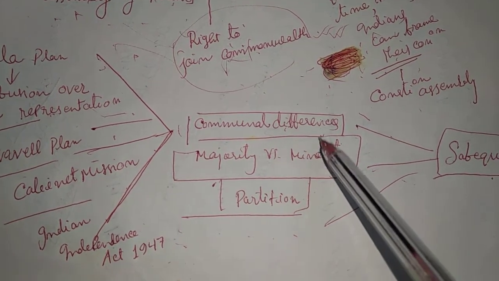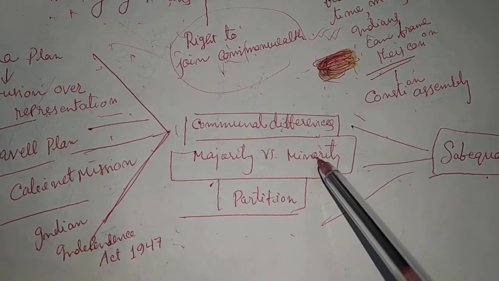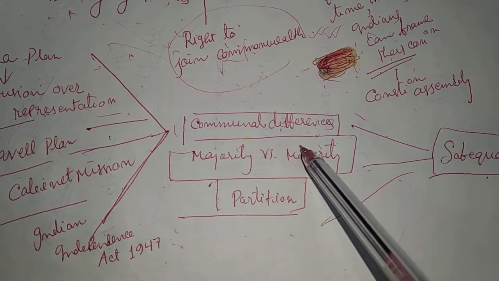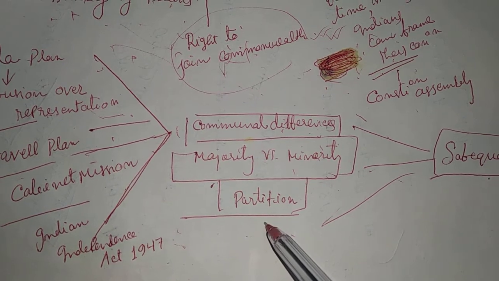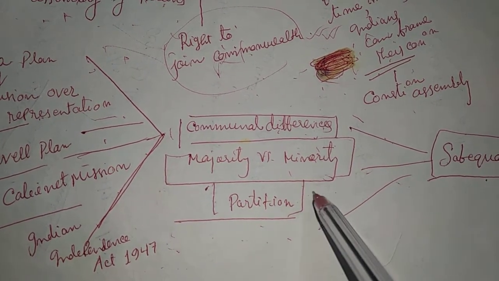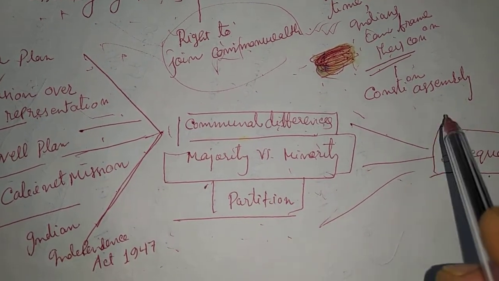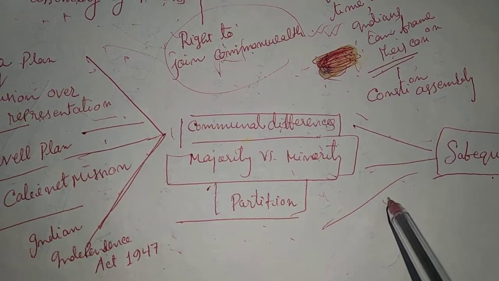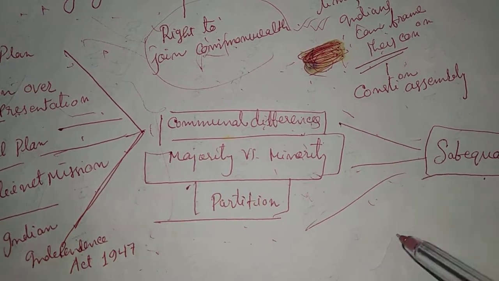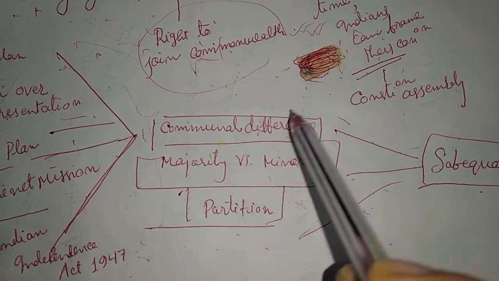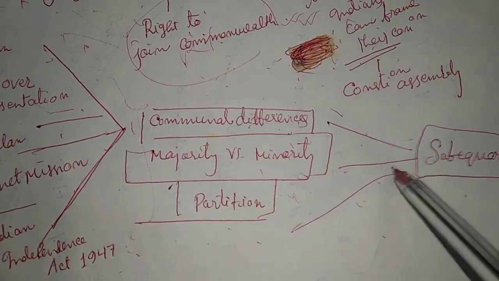India passed through a very grievous, tense stage, swayed by communal differences, minority-majority conflicts, and partition. That is why you can see that after great debate, the Indian constitution makers were highly influenced by this phase, and at last they gave different provisions for the protection of minorities and for freedom of speech.